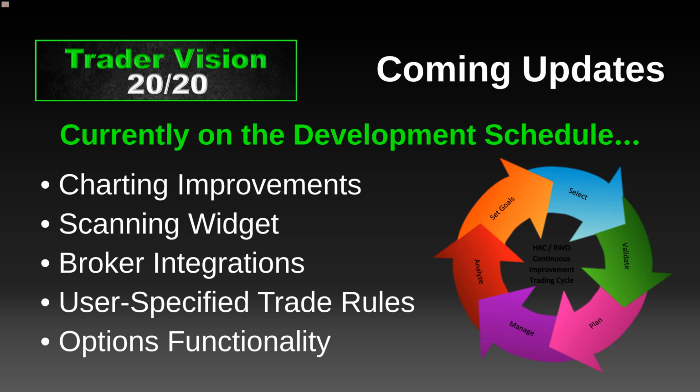You'll be able to specify those yourself. And then the next major project, and no, it is not started yet, and it will be a major project, will be working on options functionality. So those are the things currently on the schedule, and that's where we're headed.